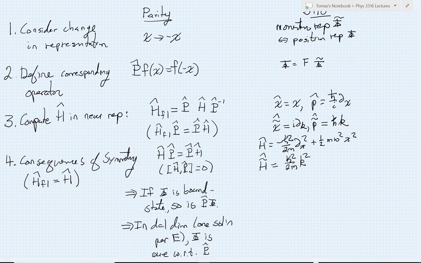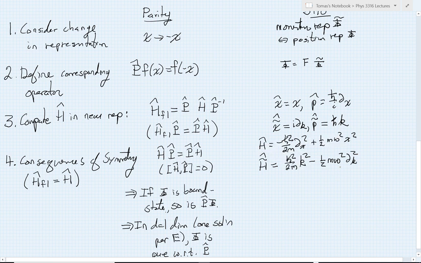For the potential energy, we have 1/2 m omega squared times the square of x. But in the momentum representation, x has this value. When I square this, I will get a minus sign, and then I will have two derivatives with respect to k. So this is my Hamiltonian then in the two different representations.